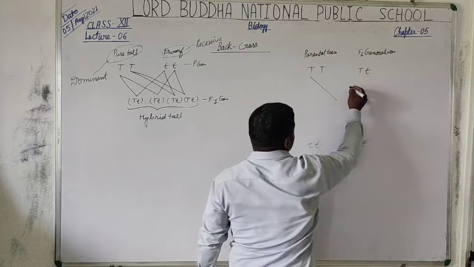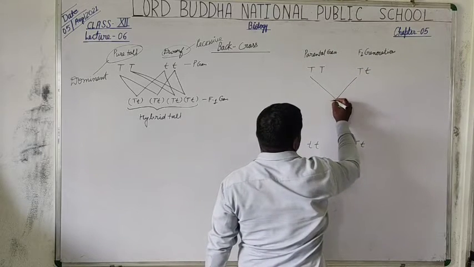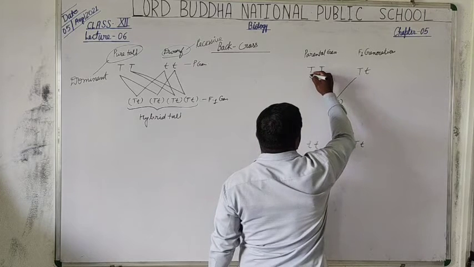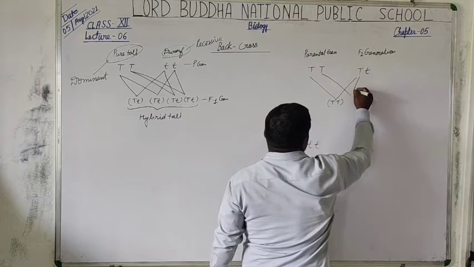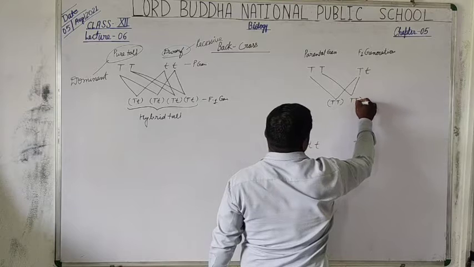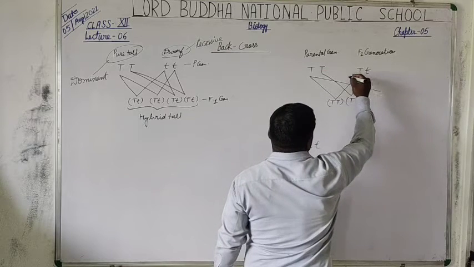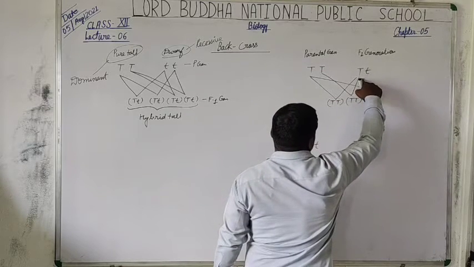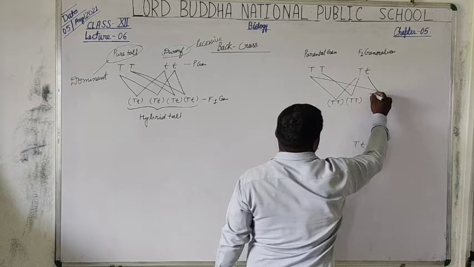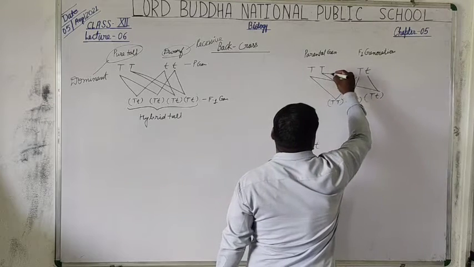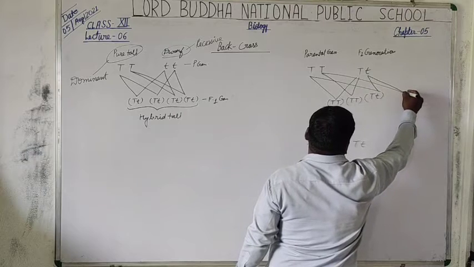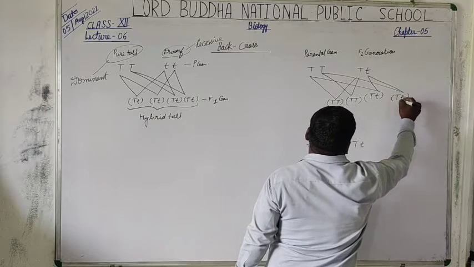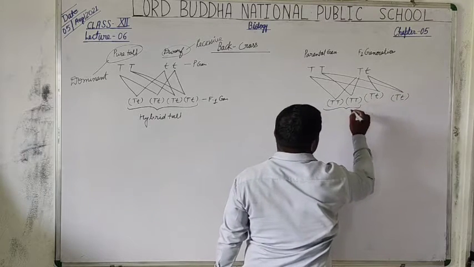Okay. Now when the cross is made between them, with capital T, here we obtain capital T small t and also capital T small t. Then what did we obtain here?